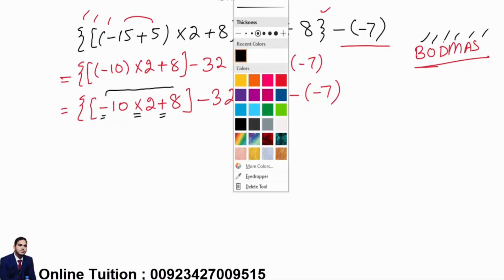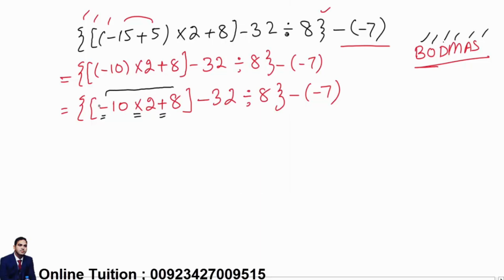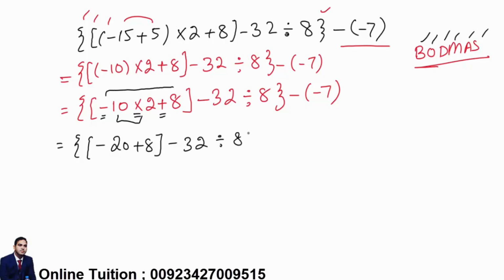there are negative 10 multiplied by 2. So these two numbers will be multiplied first, negative 20 plus 8. Okay, now negative 20 plus 8, this is negative 12.